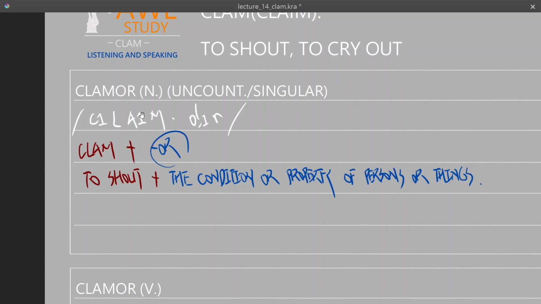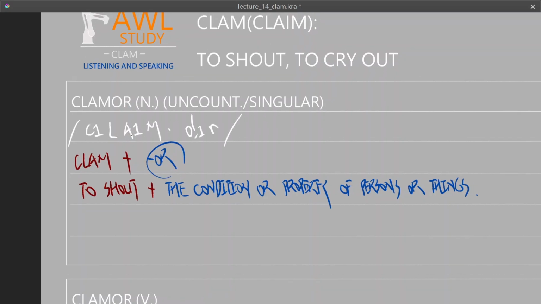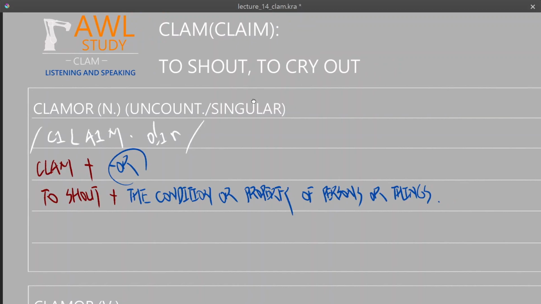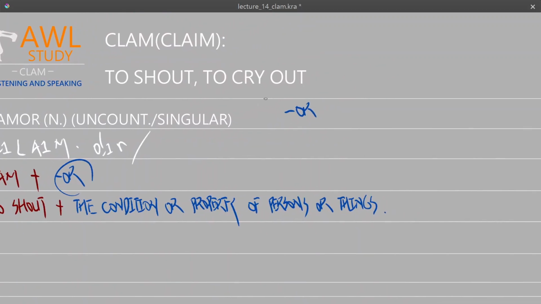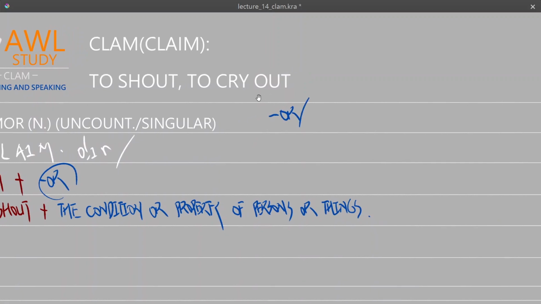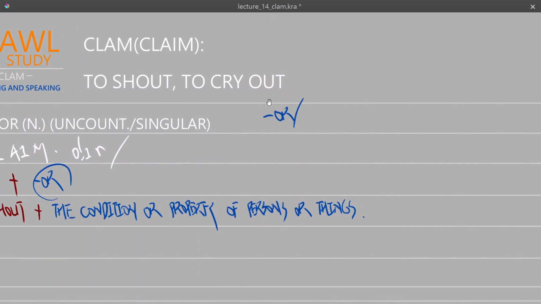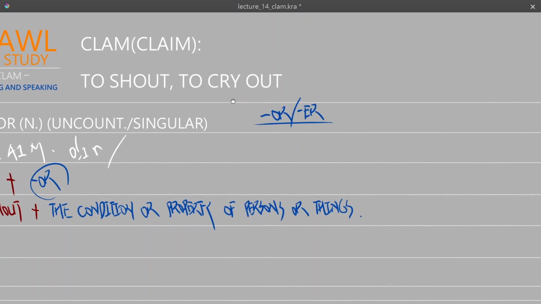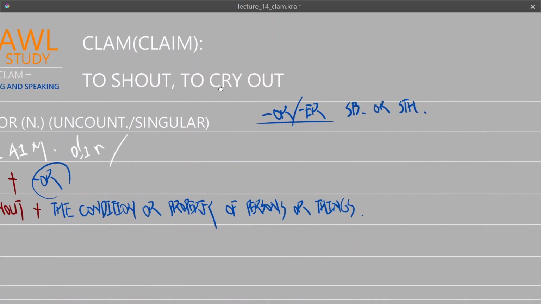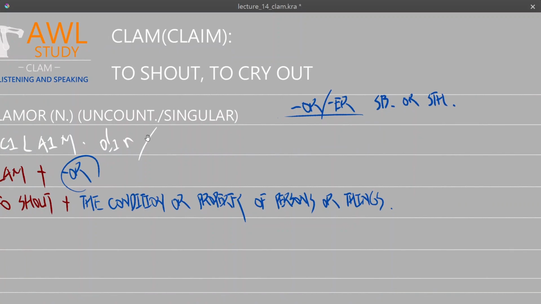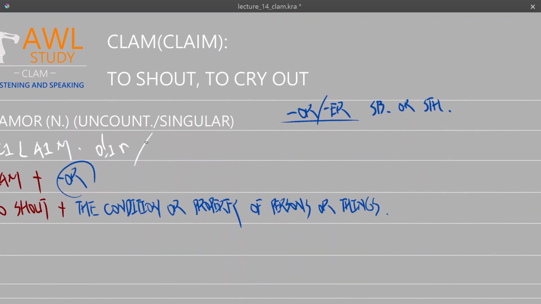This one is another common noun suffix. The most common one in this group means somebody or something as a noun suffix, and this one is the second most common noun suffix in this group.